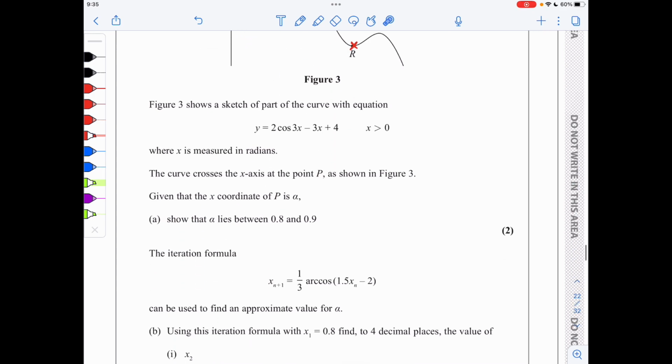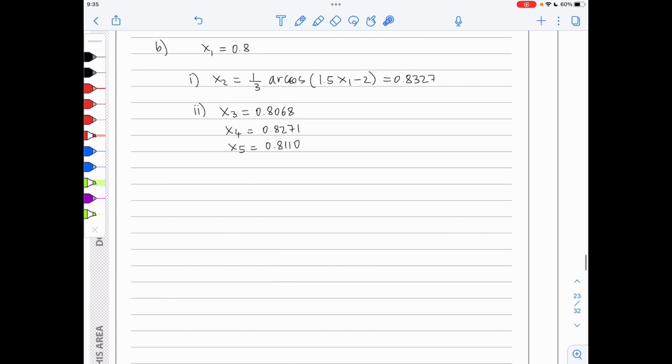So y is 2 cos of 3x minus 3x plus 4, which means that dy/dx will be minus 6 sine of 3x minus 3, and I will set it equal to 0, which means that minus 6 sine 3x is 3, so sine of 3x is minus a half.